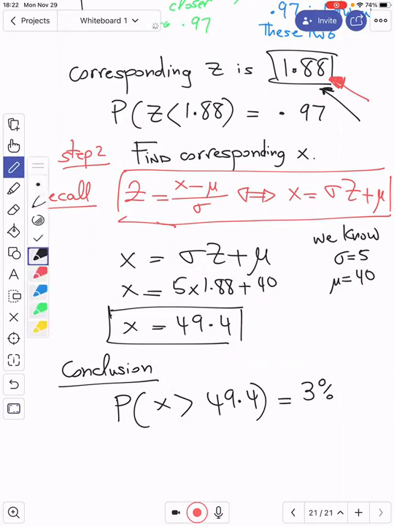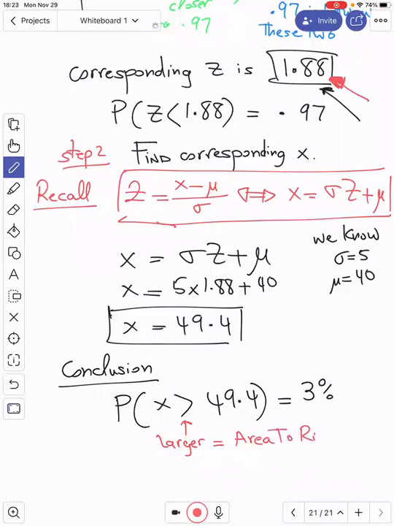And again, guys, larger means the area to the right. Of course, if the area to the right is 3%, the area to the left would be 1 minus 3%, and that's 0.97 or 97%.